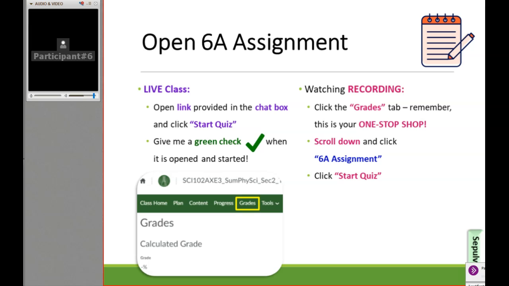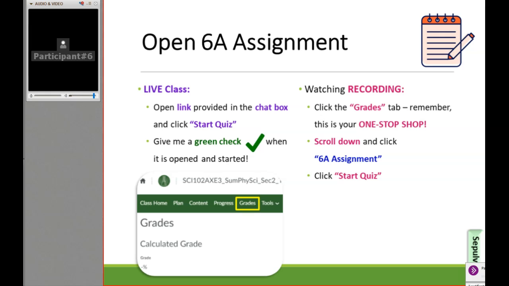Let's go ahead and at this point begin to open up our 6A assignment. I'm going to go ahead and send the link to you in the chat box. Go ahead and then give me green checks once you have it open and ready to go, open and started. Remember, click the link in the chat box, click Start Quiz, to get it opened, and then go ahead and give me a green check. It's also in your grades tab if for some reason the link in the chat box does not work. Hi Ryan, hi Anne-Marie, how are you doing? Go ahead and get this link open. I'll go ahead and put it on the board as well. Oh, that's weird, it didn't paste with it. Hold on one second. Let's try that again. Sometimes it chooses not to paste with the link live.